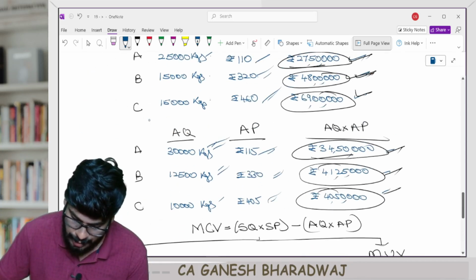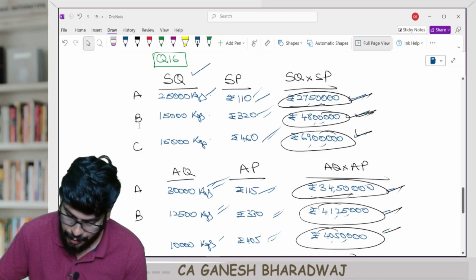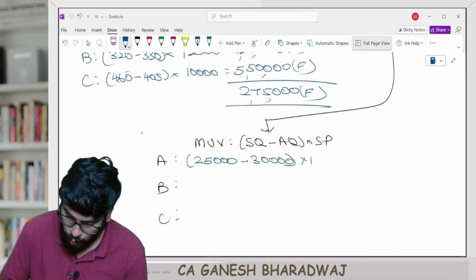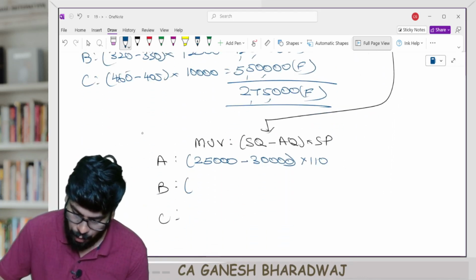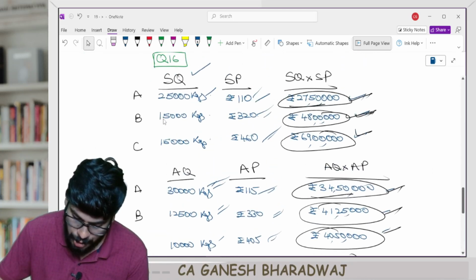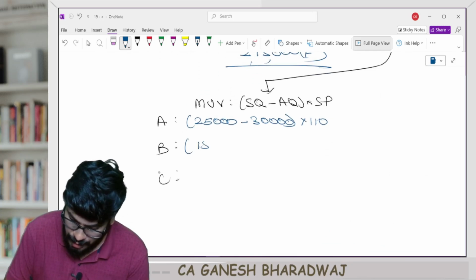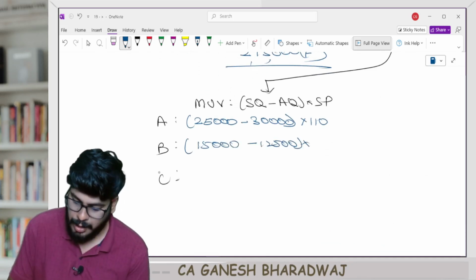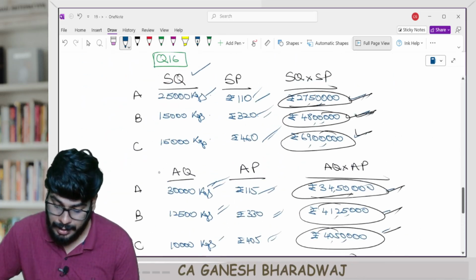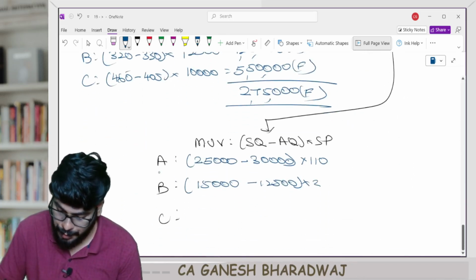How much? Standard price comes out to 110 rupees, right? So into 110. Similarly, for material B, it's going to be 15,000 and 12,500. So 15,000 minus 12,500 into the standard price, which is 320 rupees, right?